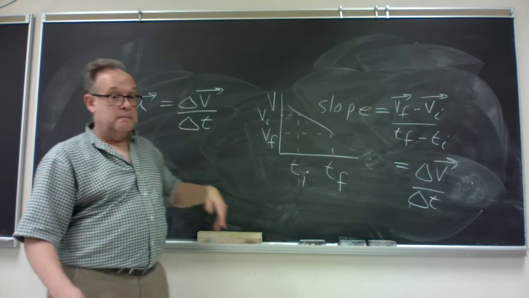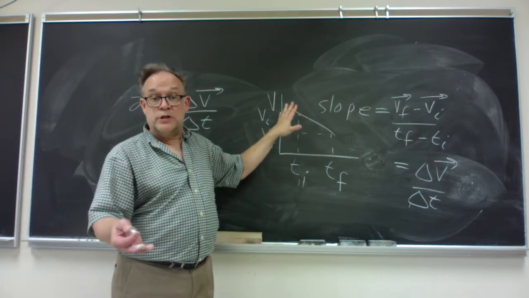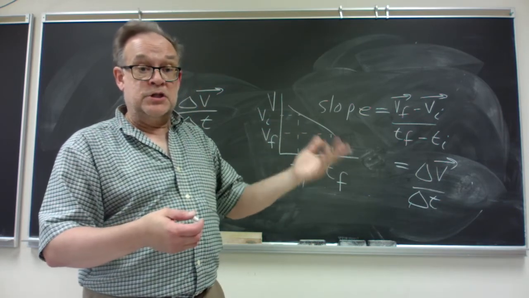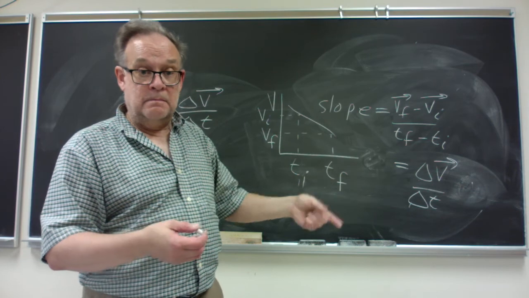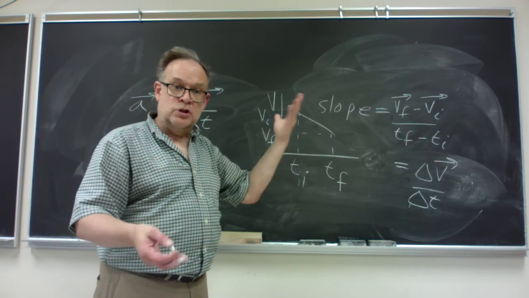So almost exactly like we said about velocity. In a position graph, slope is velocity. Here, in a velocity graph, slope is acceleration.